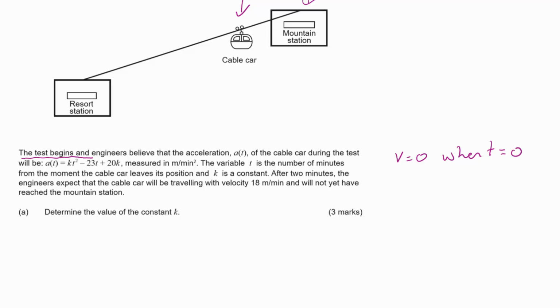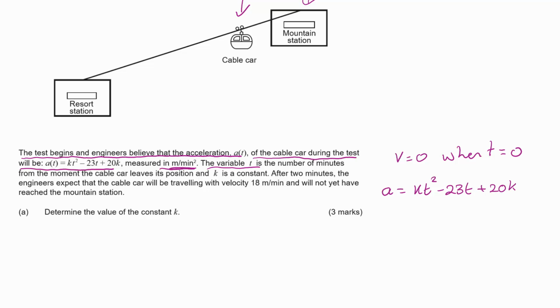The test begins, and engineers believe the acceleration of the cable car during the test will be a equals kt squared minus 23t plus 20k, measured in meters per minute squared.